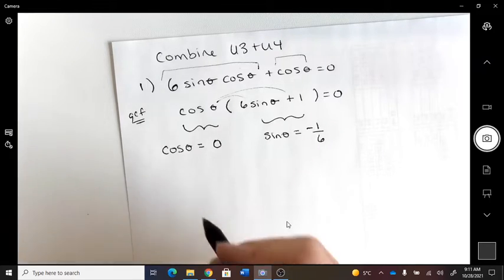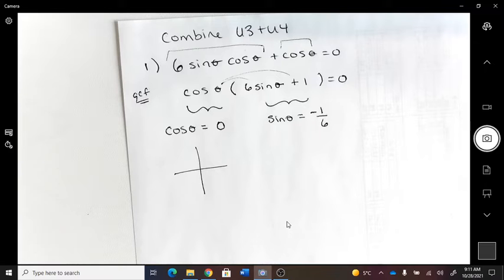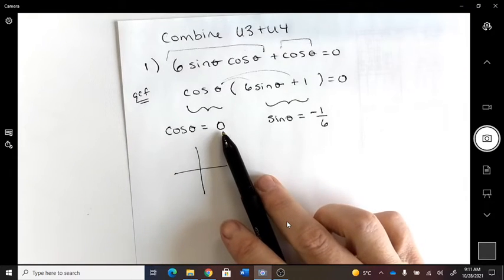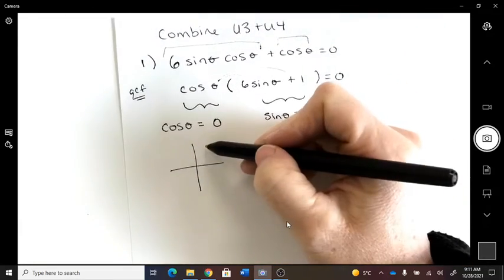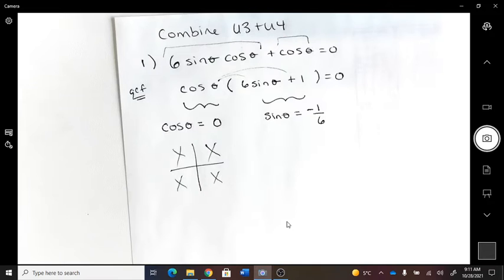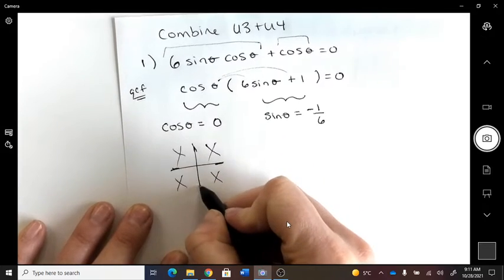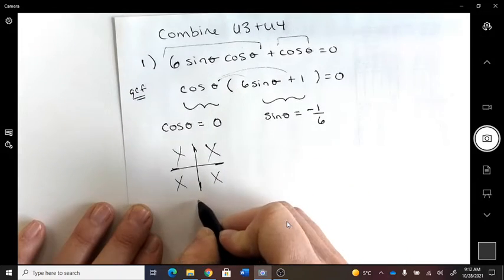Okay, you ready? Cosine is 0. We just talked about this one, but okay, 0 is not positive or negative. So you're not in a quadrant. So you could have any of these 5 angles work.